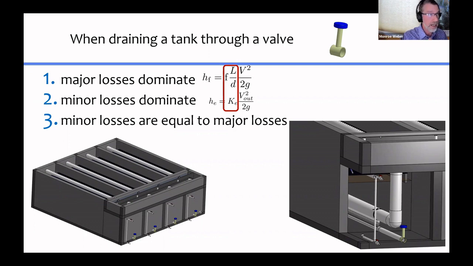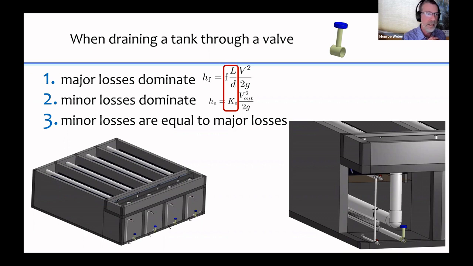And so an interesting idea is that f is on the order of 0.02, so 1/50th. And that means that if L is more than 50 times greater than D, then major losses have a chance of dominating.